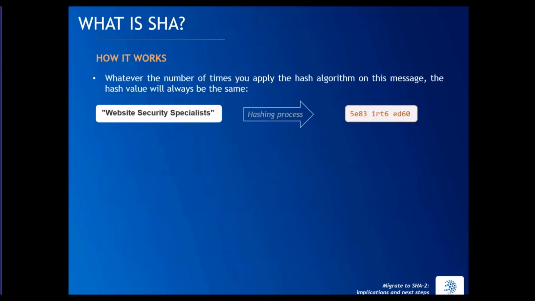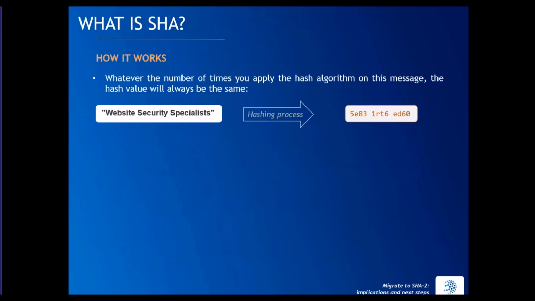How it works, so it doesn't matter how many times you apply a SHA algorithm on a particular message. As you can see in the example here, we've got website security specialist as the message. Now when you apply a SHA algorithm on that message, you'll come up with a SHA hash value, which you can see on the right hand side of the screen.